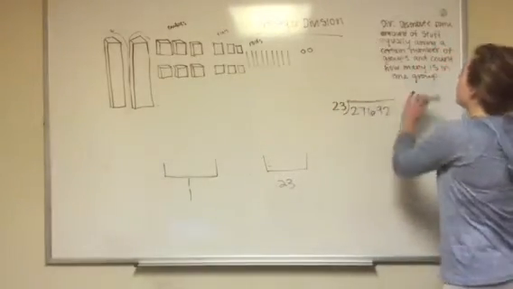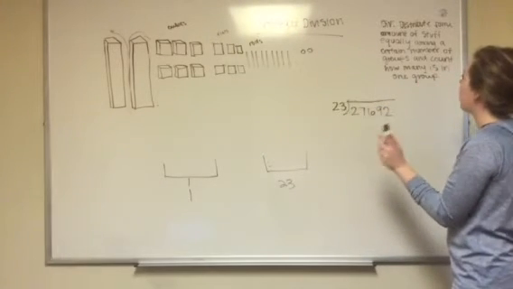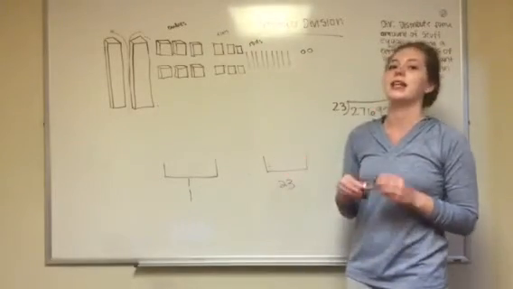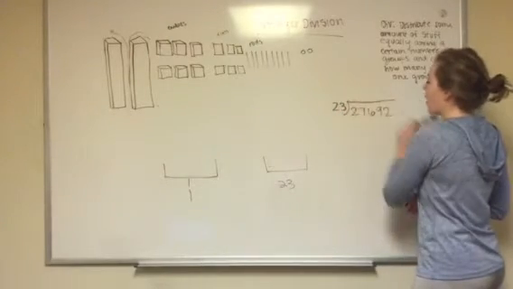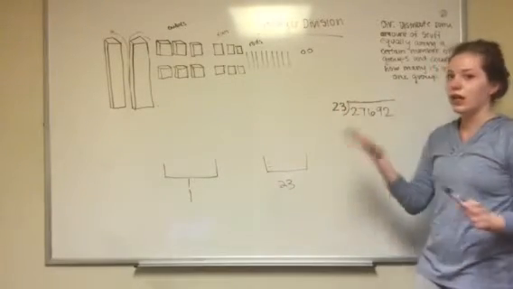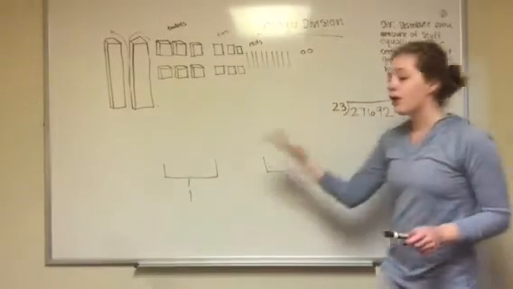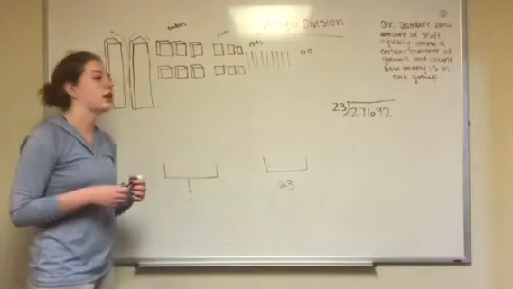So division is distributing some amount of stuff equally among a certain number of groups and counting how many is in one group. So as you can see here, in our long division problem we have 27,692 divided by 23, and over here in block form we are showing the same exact thing.